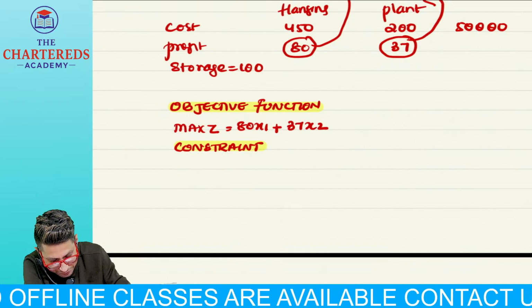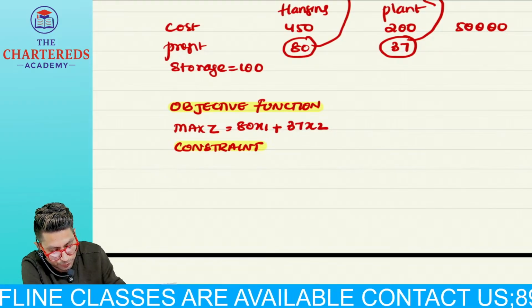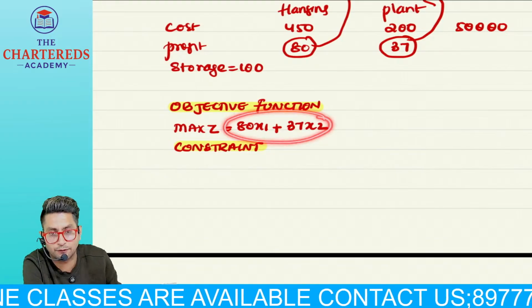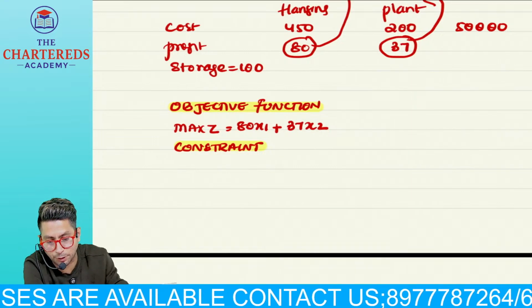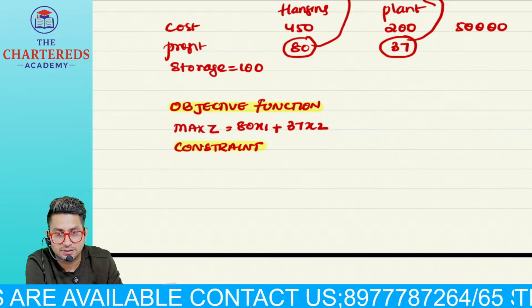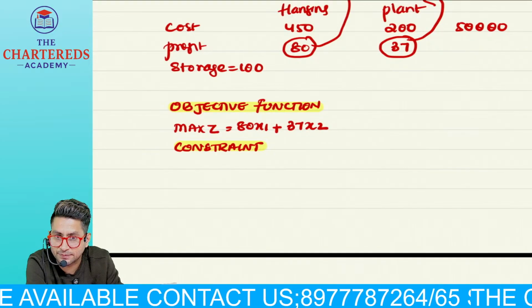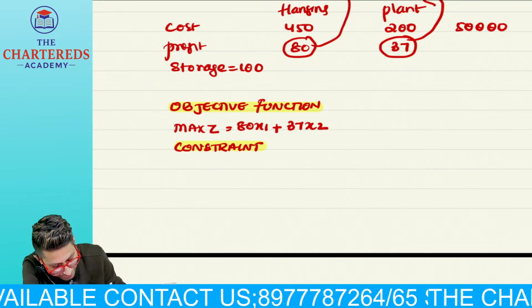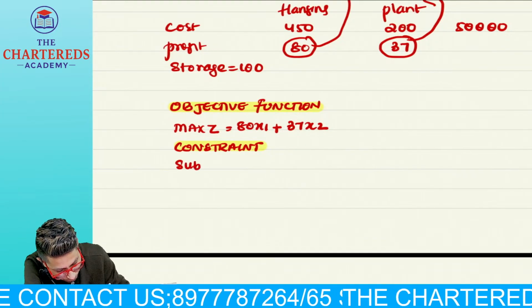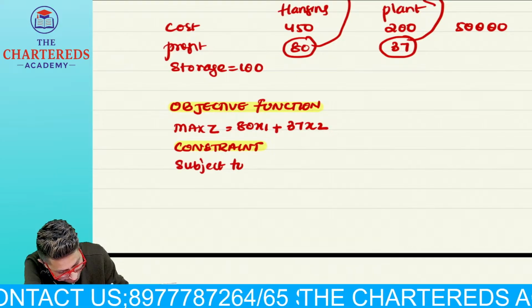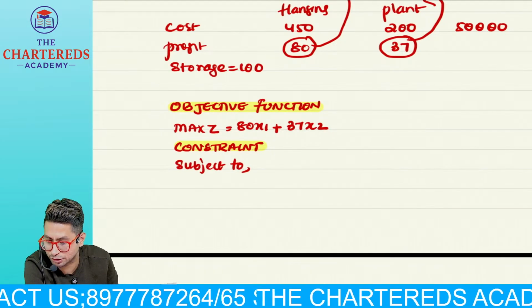In constraints, always remember, my objective is what? Maximization of profit. My objective is what? Maximization of profit. But problem, resources are limited or unlimited? That is why this objective is subject to some constraints.